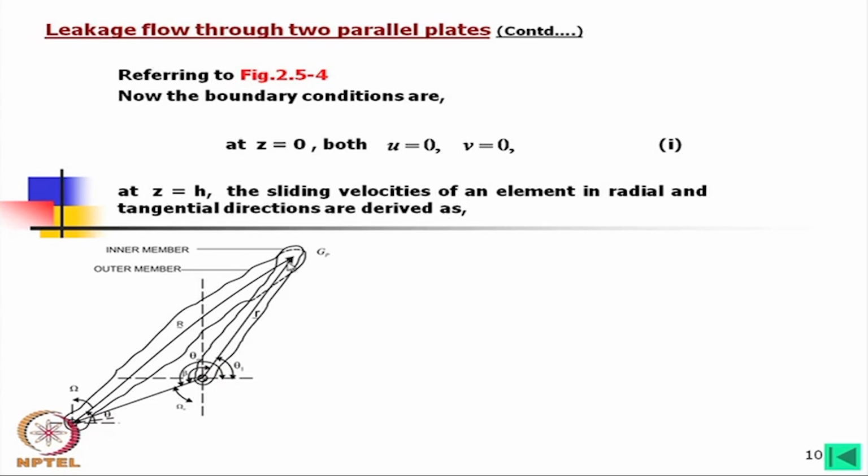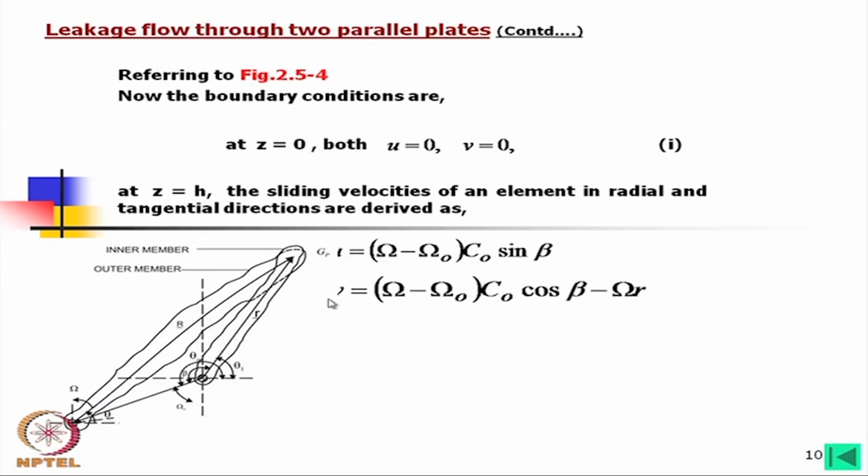In this case, u is equal to omega minus omega 0 into c 0 sin beta, and here v is equal to omega minus omega 0 into c 0 cos beta minus omega r.